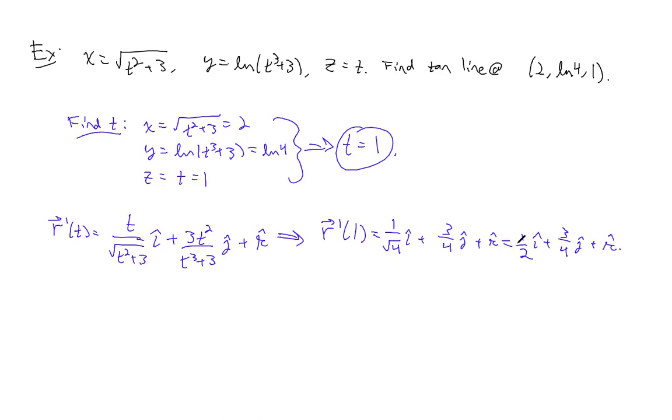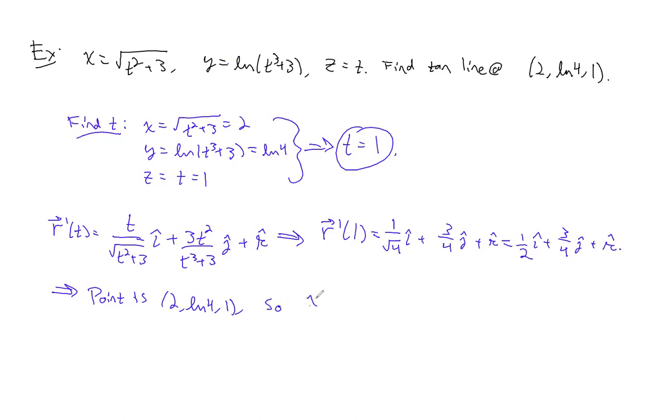Please excuse the fire truck. So that's what our velocity vector is in that case. And we know what our point is. The point is 2, ln 4, 1.